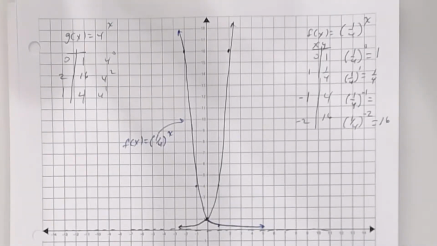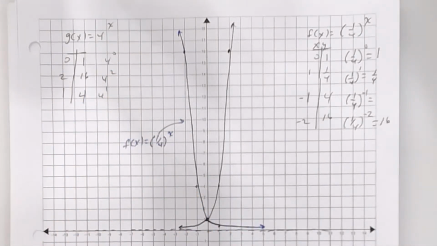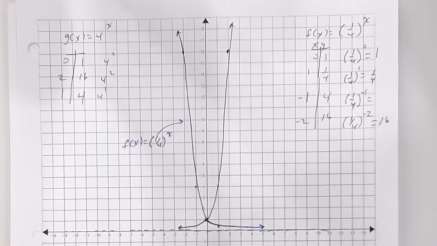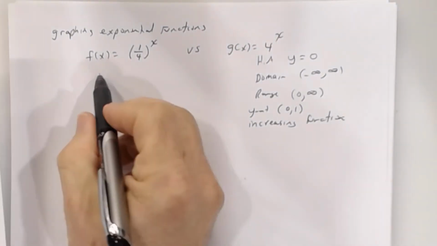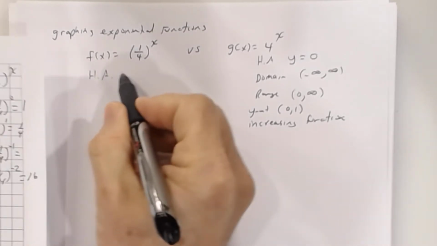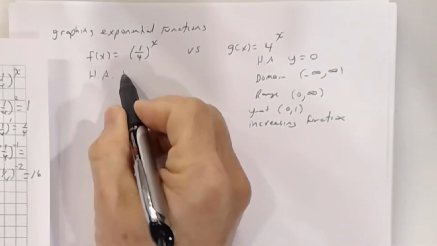So notice that for f of x, my function is increasing or decreasing? Decreasing. My function is decreasing. And also the horizontal asymptote is what? y equals 0.